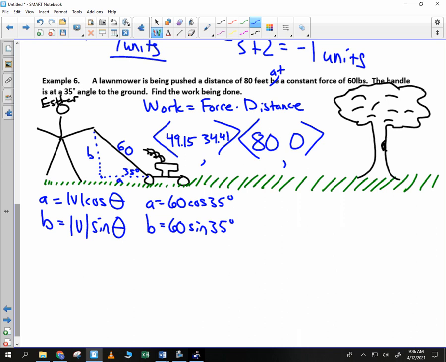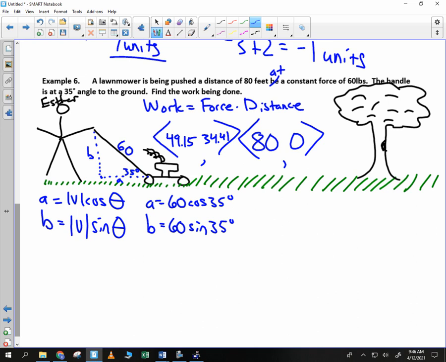So what do you notice is going to happen as I multiply these? One of them is going to be 0, right? There's no work being accomplished vertically, is there? Are we somewhat pressing vertically? Somewhat, but the lawnmower is not going down into the ground.